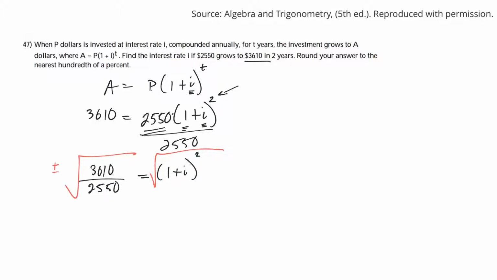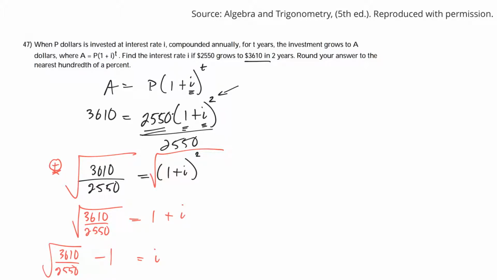And this would be plus or minus, but typically it wouldn't be a negative one, so I would assume it's positive. So I have the square root of 3610 over 2550 is equal to 1 plus I, and then I'd subtract 1 from each side. So I'd get the square root of 3610 over 2550, minus 1.